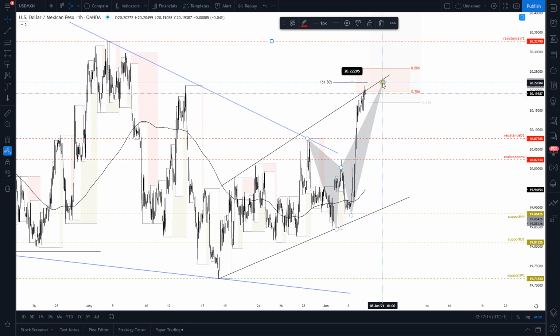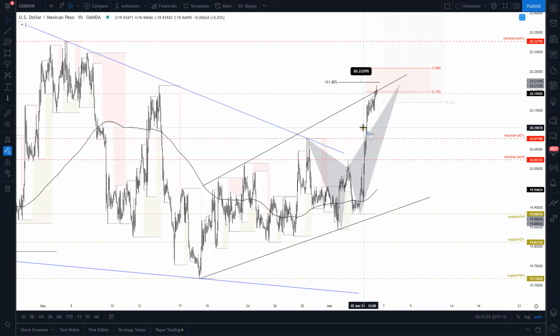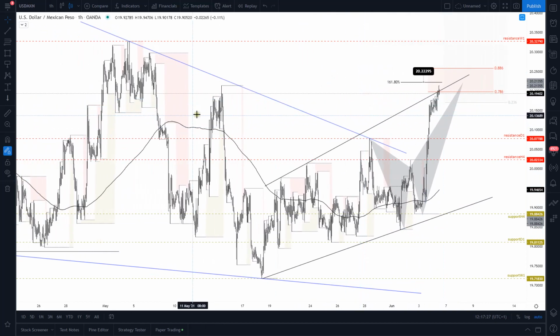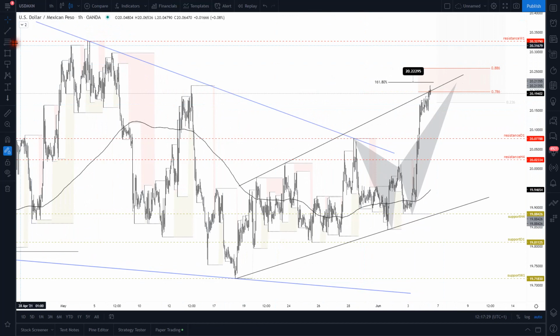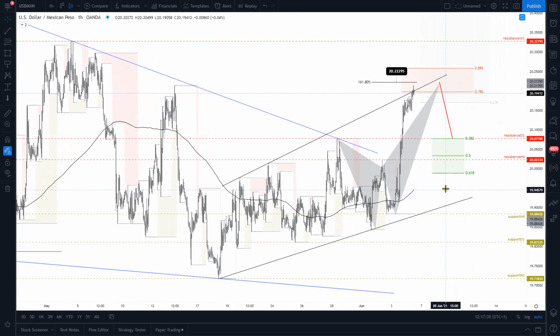But as I'm showing you here, there's a bearish crab pattern at 20.22. So golden Fibonacci right there, so I will not be surprised to see some pressure as soon as the price touches the golden Fibonacci level. By default, the crab pattern tends to search for the 38% Fibonacci retracement level, as we can see, nailing the previous daily fractal resistance, previous structure highs.